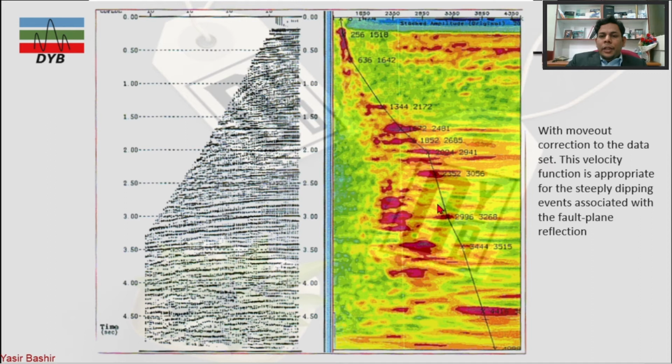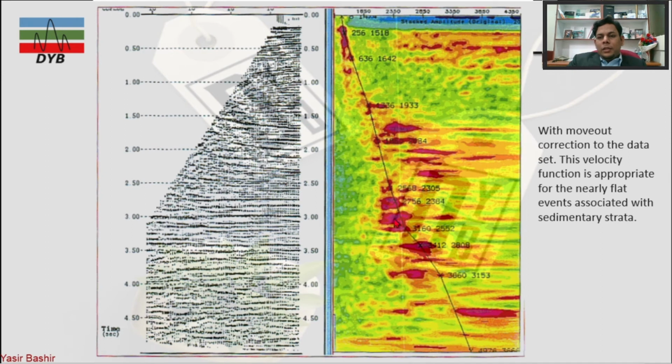When we pick the velocity in this direction, you see your move out is very flattened over here. But when we pick this other trend, then you see the hyperbola becoming like a hockey stick, or it is moving toward the upside.